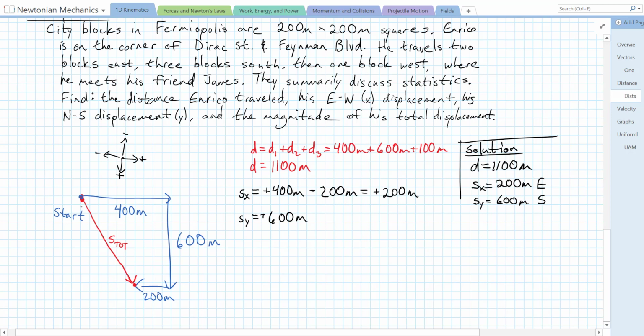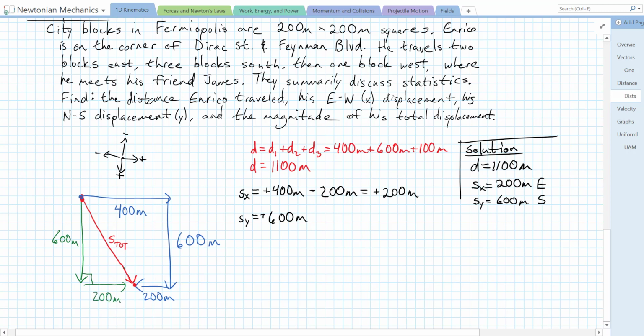Because we know that the total, let's do it in green. I'm going to erase this start. The total north-south or y displacement is 600 meters. The total east-west displacement is 200 meters. This is a right triangle.